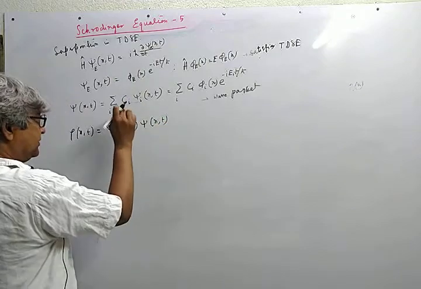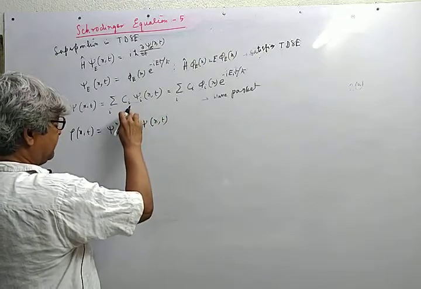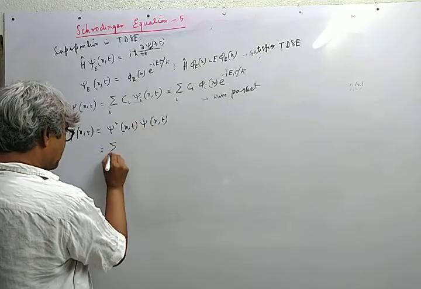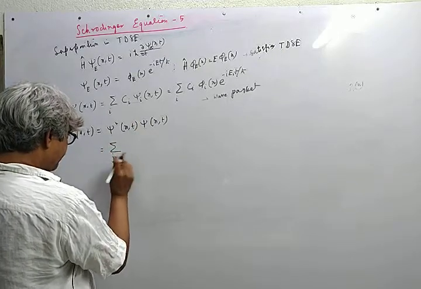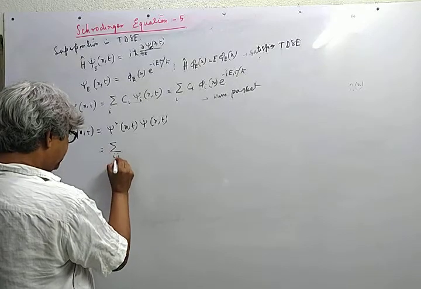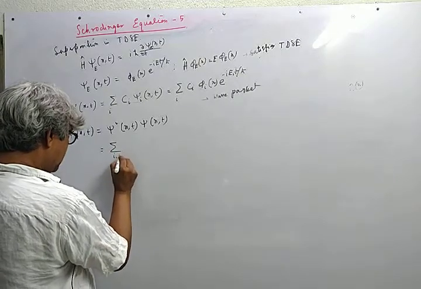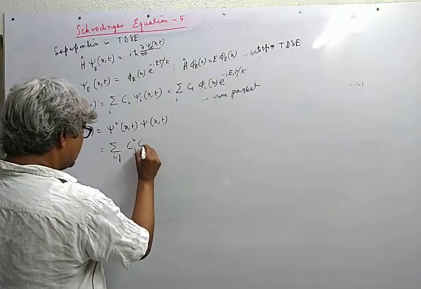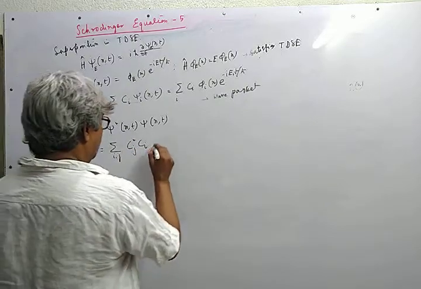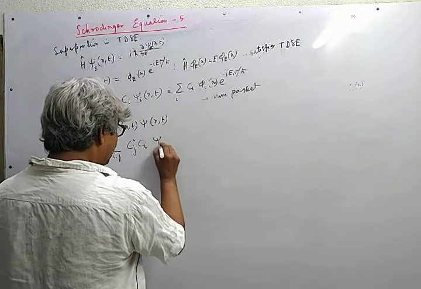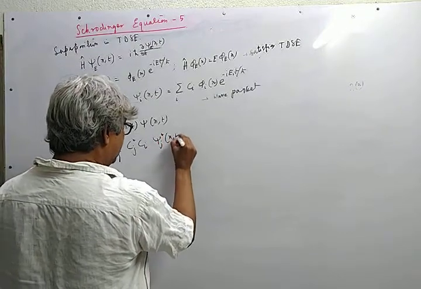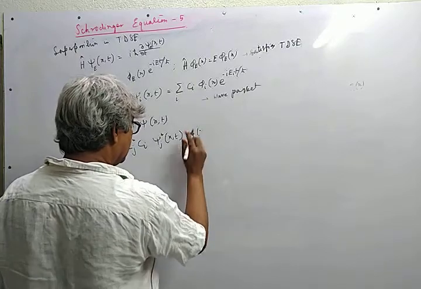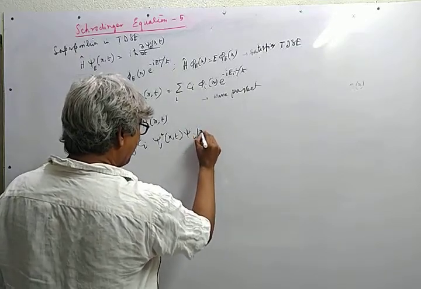For psi star we use j subscript, and for psi i subscript. So the result will be the sum over i,j of Cj star Ci phi j star of x,t phi i of x,t.